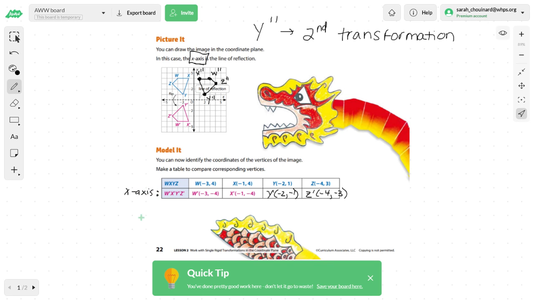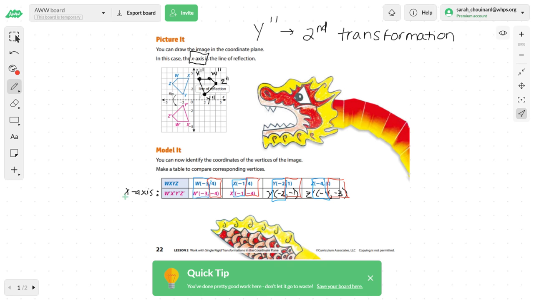This was my x-axis reflection. Let's do the same thing we did in the other video. Let's compare the x coordinates of the pre-image to the image. And if we notice, the x coordinates stayed the same. The y coordinates, however, went from +4 to -4, +4 to -4, +1 to -1, 3 to -3.